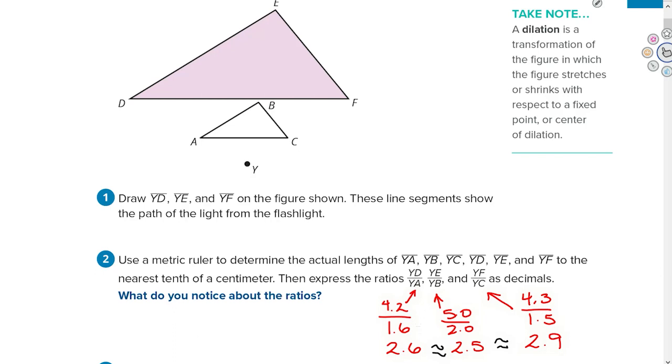Translation, reflection, and rotation are all rigid motions where the side lengths are preserved, it doesn't get bigger or smaller, and the angles are congruent. The first thing we notice is that I do not have congruent side lengths with a dilation, but there is a certain ratio that seems to be holding, at least approximately, the best that we can measure.